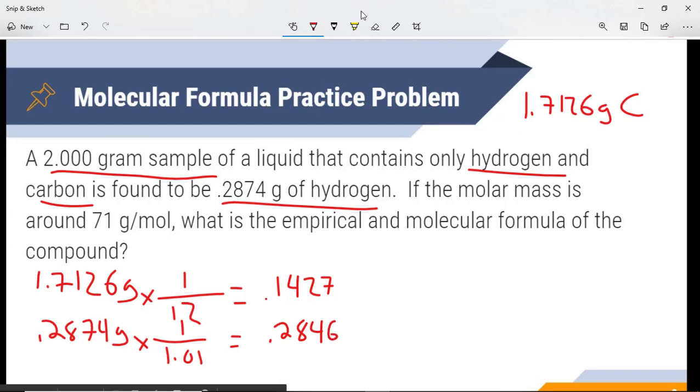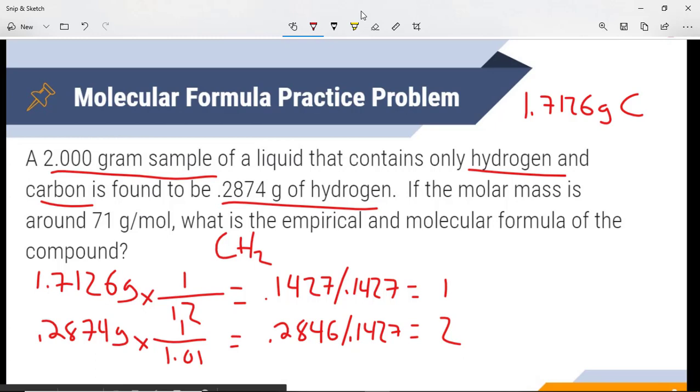We divide by the smallest number that's there. 0.1427 is less than 0.2846, so we're going to divide by that. And there's our ratio. Okay. So again, our empirical formula is going to be CH2.